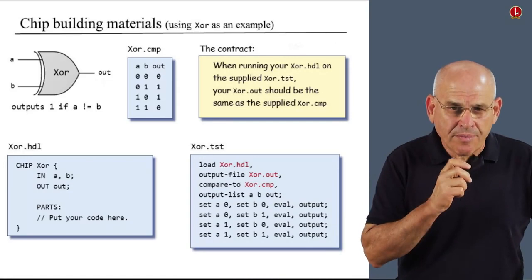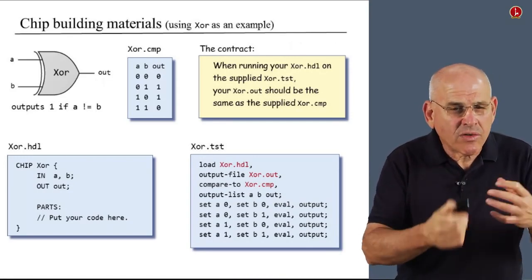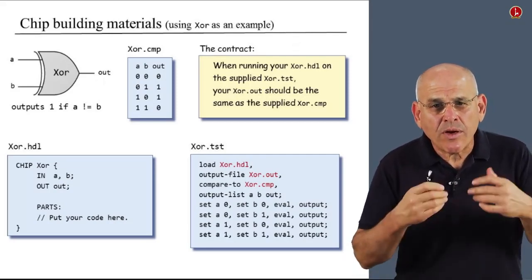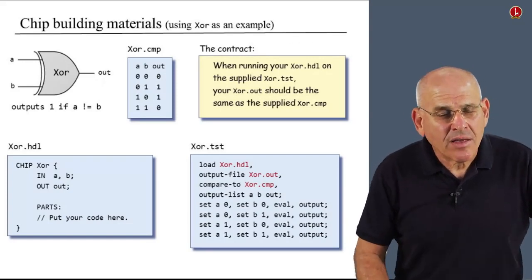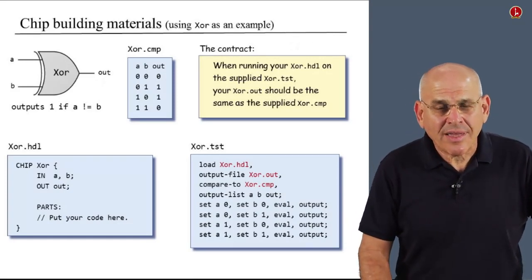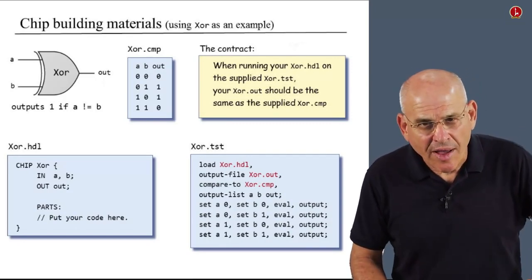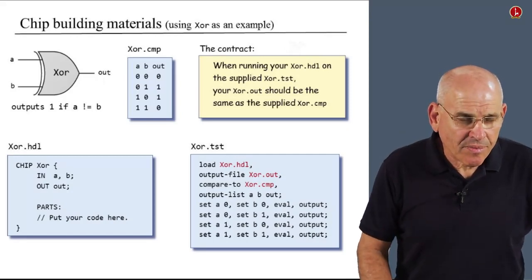When you run your XOR HDL, that is, once you take this XOR file and implement it and add your own HDL, when you run the resulting XOR HDL file on the supplied XOR test, the test that we provide, your output file should be the same as the supplied compare file.